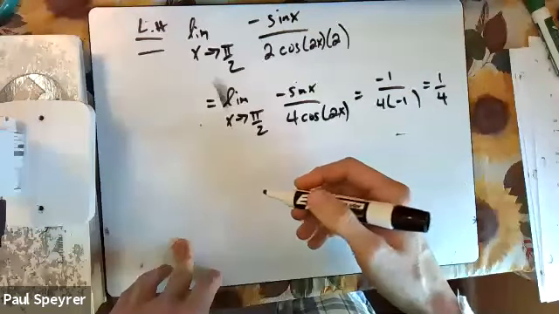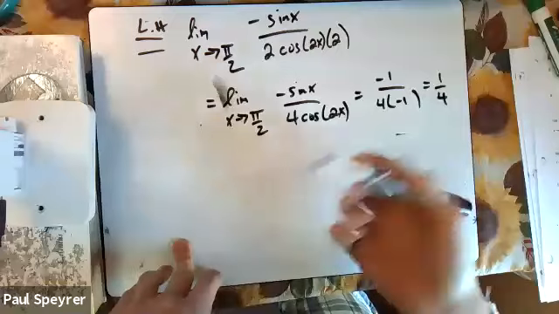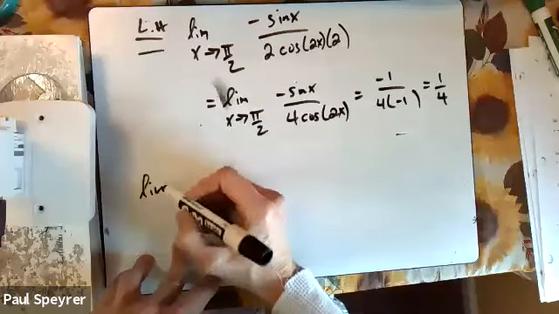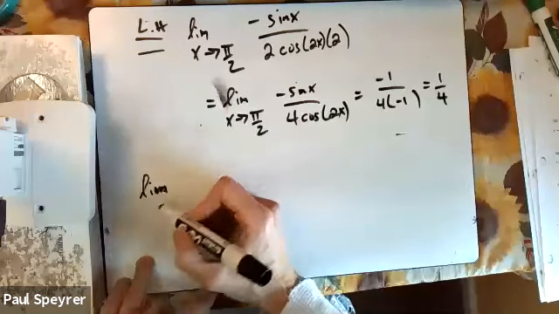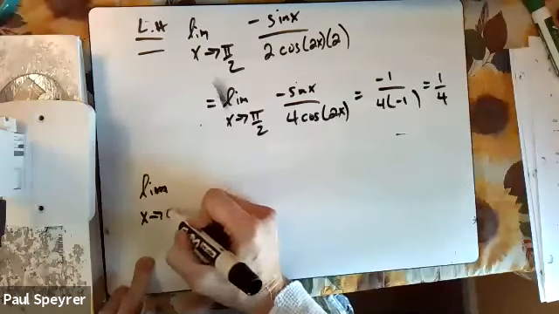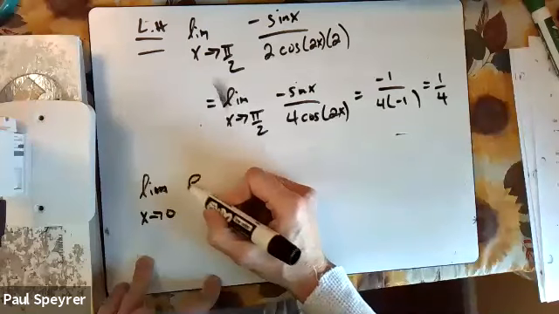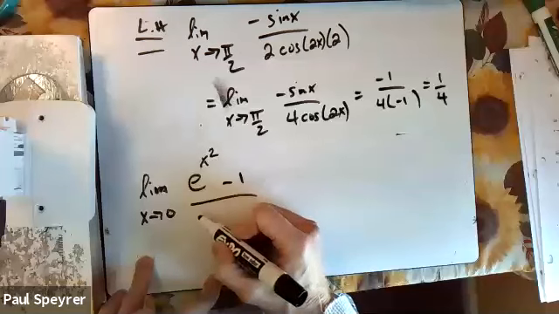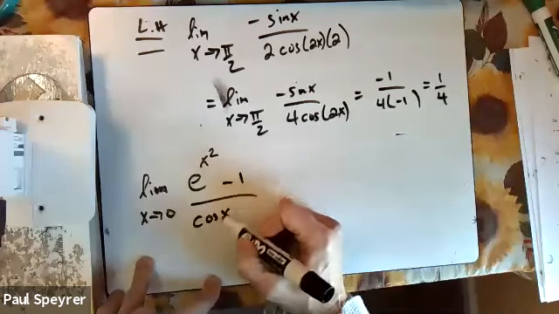What about the limit as x approaches 0 of e to the x squared minus 1 over cosine of x minus 1?